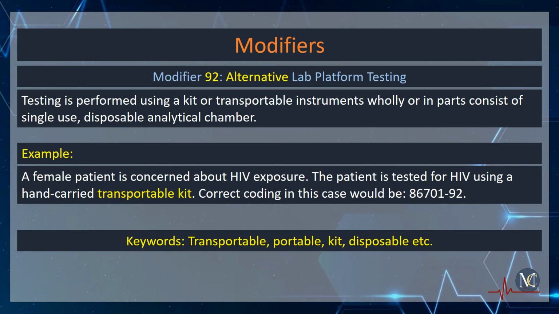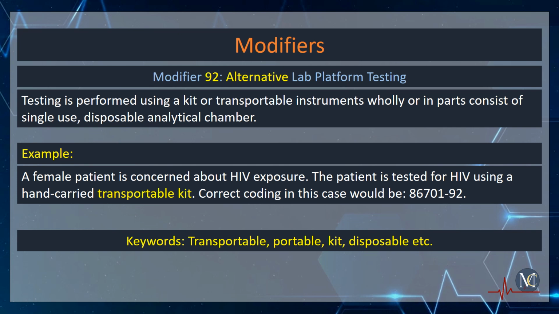Modifier 92. CPT modifier 92 is for alternative lab platform testing. Testing is performed using a kit or transportable instrument wholly or in parts consisting of a single-use disposable analytical chamber. Let's take an example.